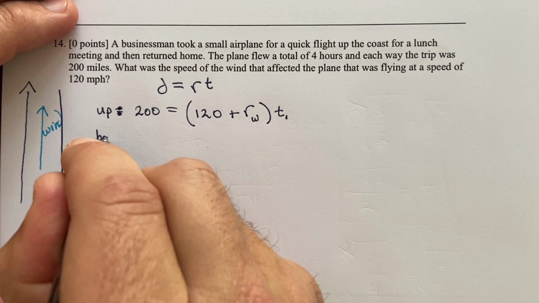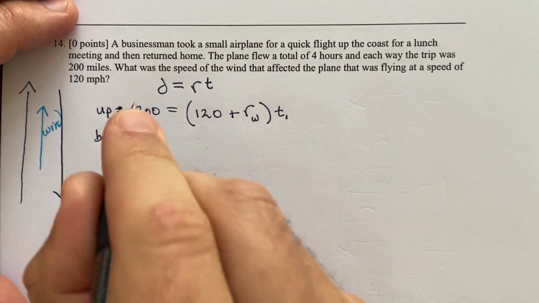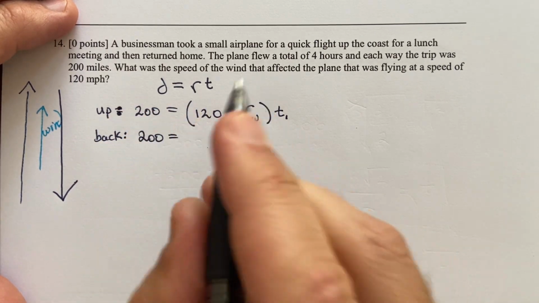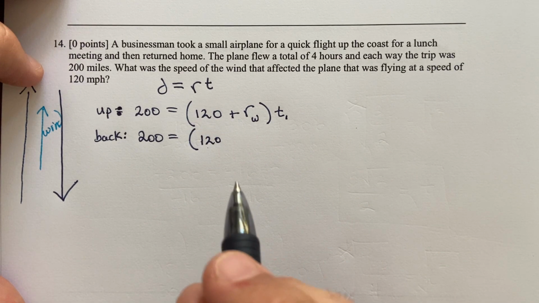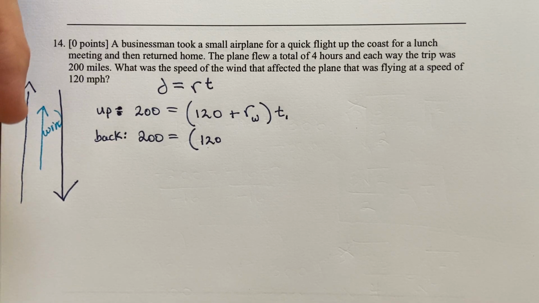For coming back, I'd have 200 miles to go. We'd still set the plane to go 120 miles per hour, but on the way back, you can see the wind would be opposing us. We'd have this nose wind or headwind.